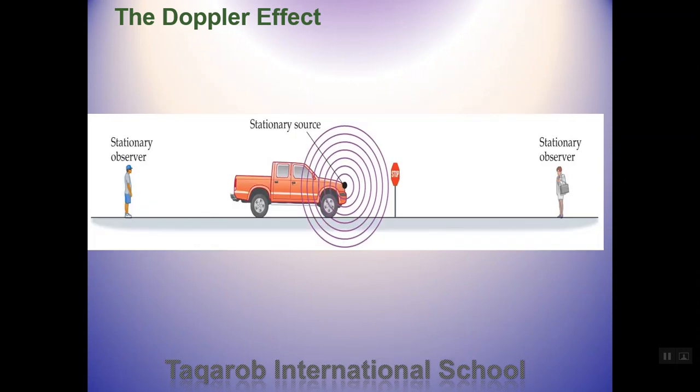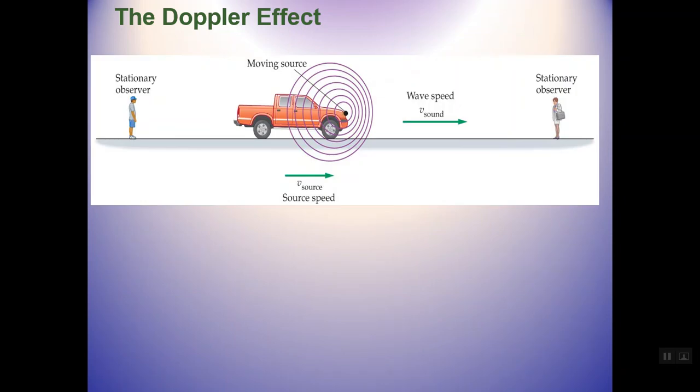Now look at this figure. If we have two stationary observers and the sound source is stationary also, then all observers hear the same frequency. Suppose the truck moves toward the right as shown in this figure, with speed v source.